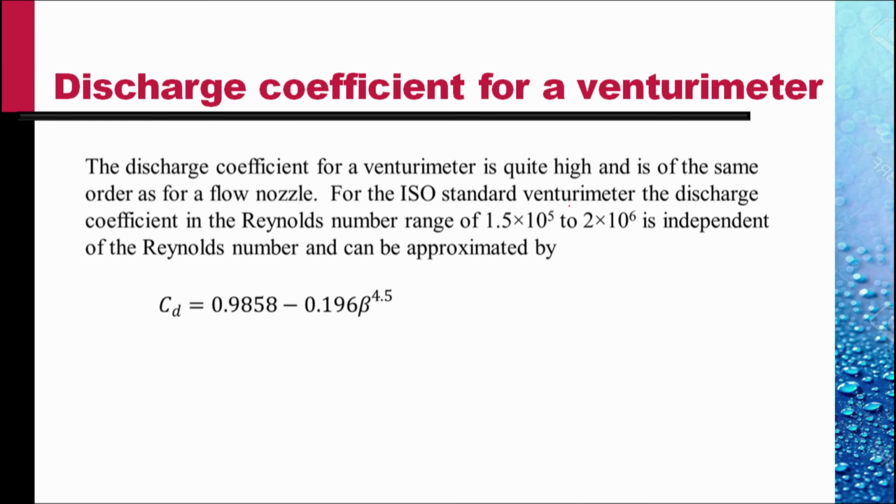Since beta is less than 1, the second term is really quite small and CD is very large. The beauty lies in the fact that for this Reynolds number range, CD is constant. So the volume flow rate is directly related to the pressure difference measured.